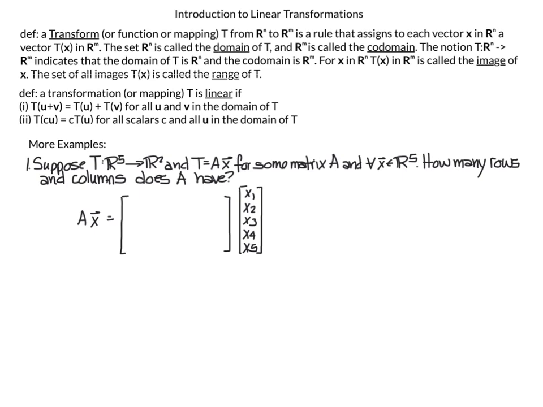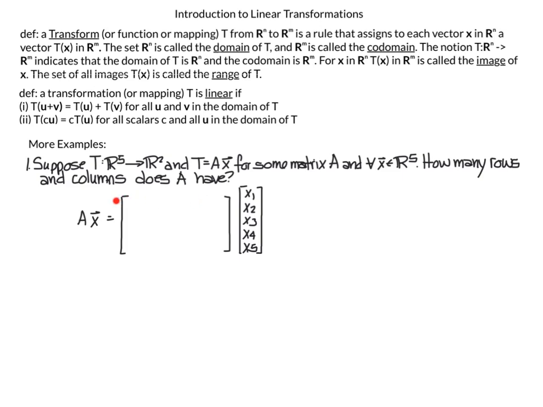So this is how I would approach this problem. First, I'm going to say I have a matrix A times a column vector X. And we are given that our column vector X is in R5. So we have X1, X2, X3, X4, X5, right? So that's going to tell us something.